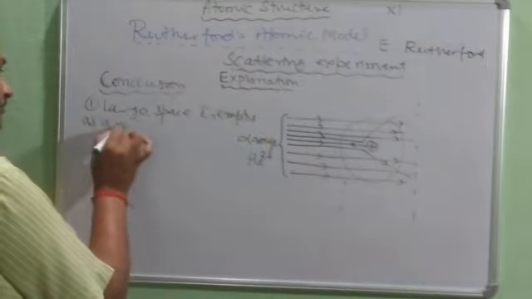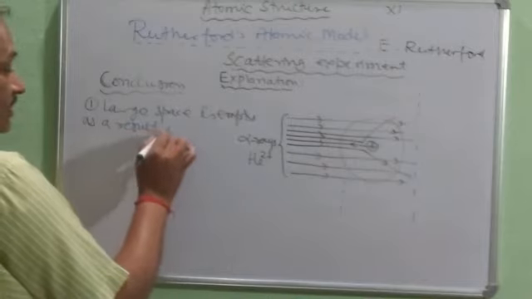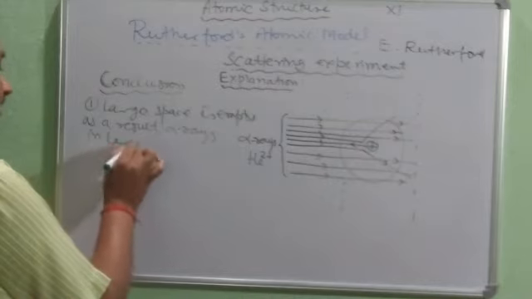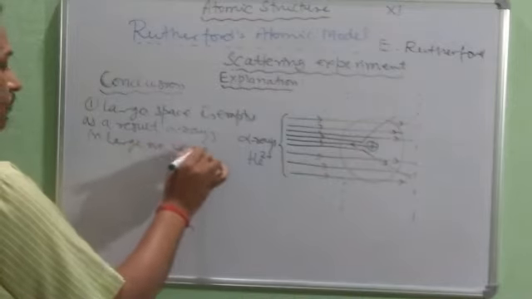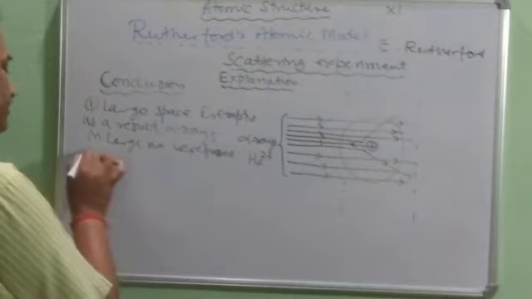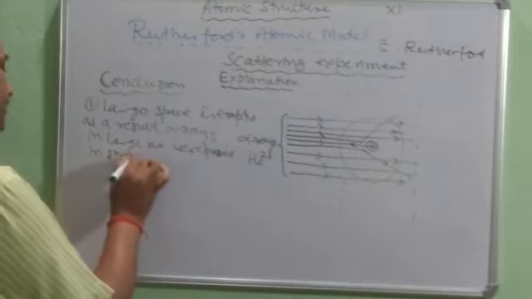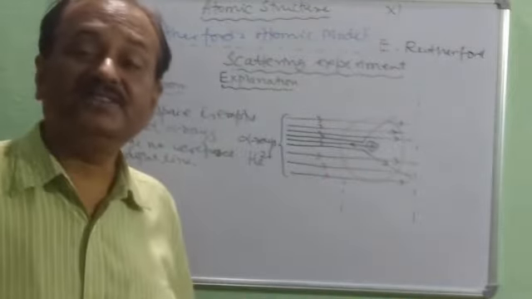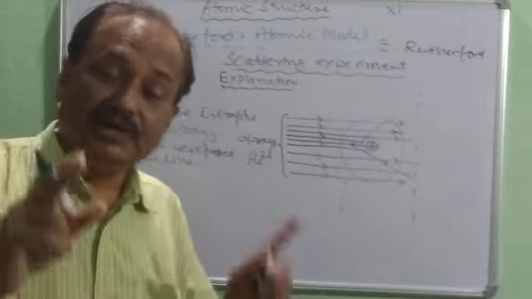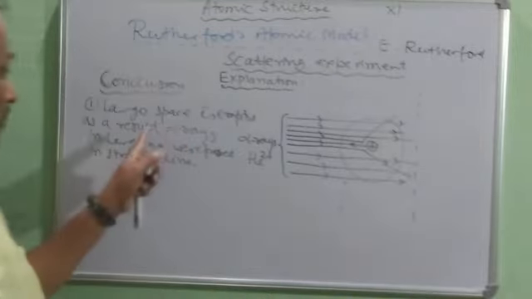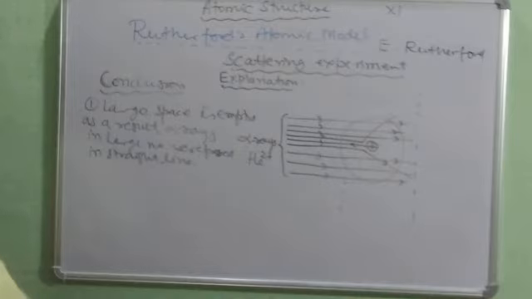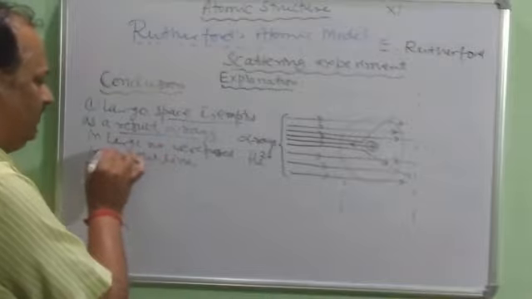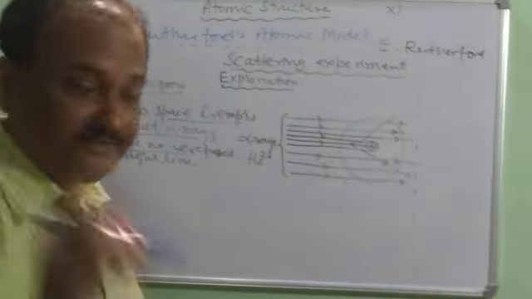As a result, alpha rays in large number passed in a straight line. So the passing of alpha rays undeflected in a straight line, without any deflection, is due to the presence of large space. Space is empty, and the alpha rays passed in a straight line. So this is the first point.